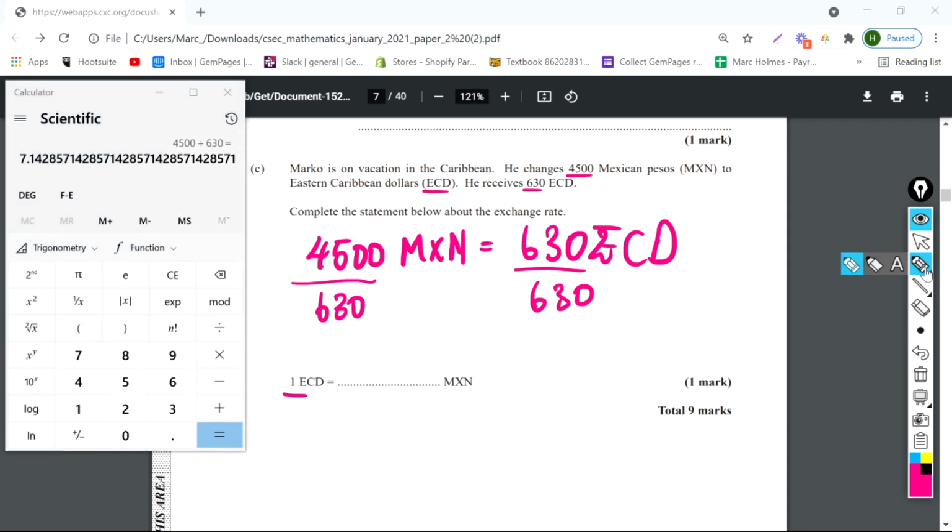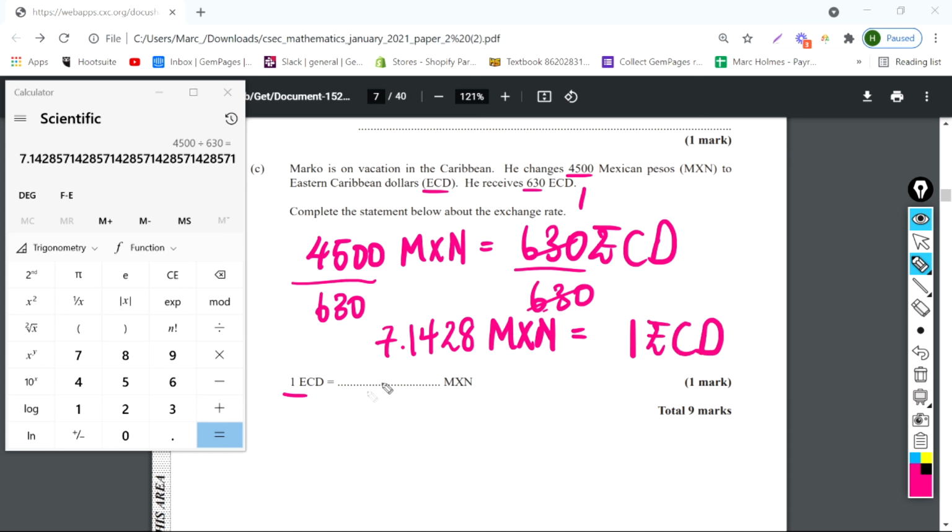And this is going to give us 7.1428. Let's put 4 decimal places for the meantime. So 7.1428 Mexican pesos is equal to 630 divided by 630, which will just give us 1 ECD. So that definitely would be the answer, guys.